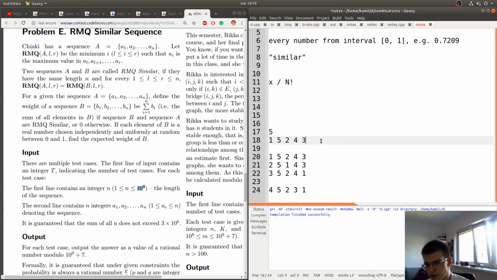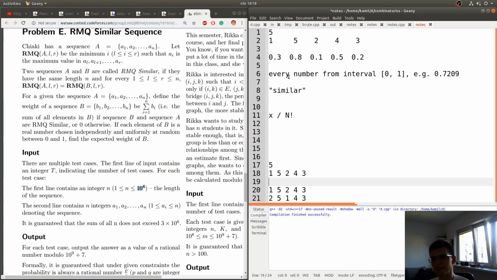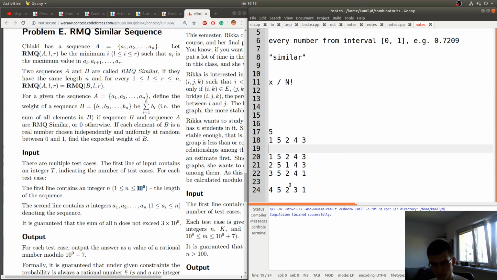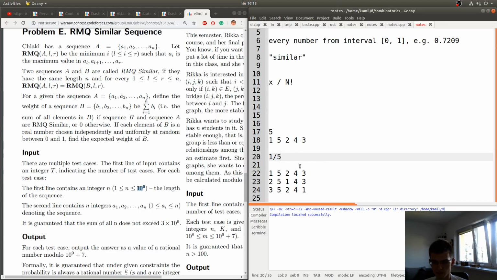The only important thing is that this number in the sequence we generate randomly, or in this random permutation, should be the biggest one. What is the probability of that? It's 1 divided by 5. It's the probability that in a random permutation the second number will be the biggest one.